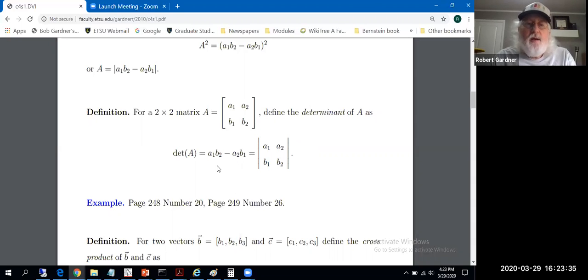And, whoa, that's the same thing we had up here. The determinant of this little matrix, A1 B2 minus A2 B1, why the absolute value of that is the area of the parallelogram determined by vectors A and B. To date, we never put vectors in a matrix as anything but columns.